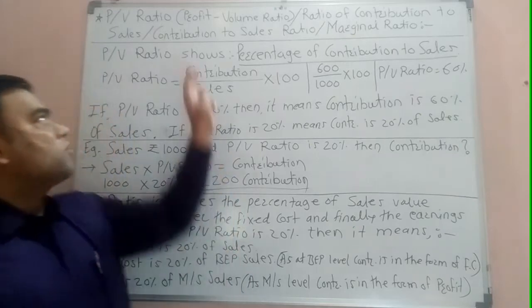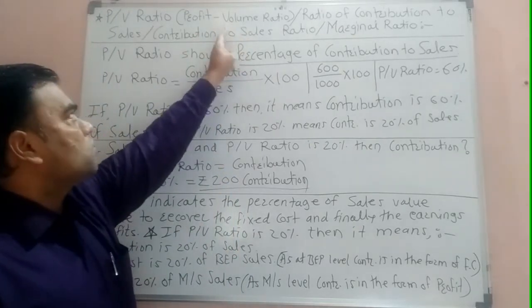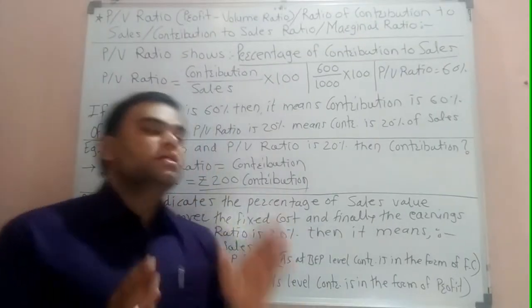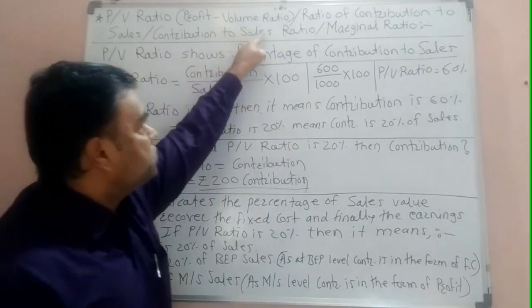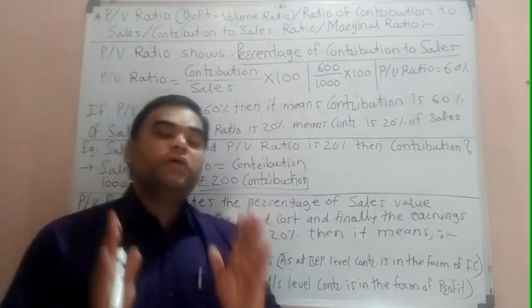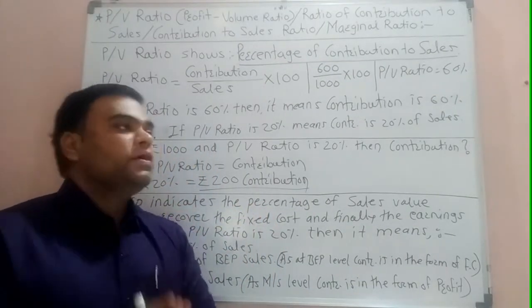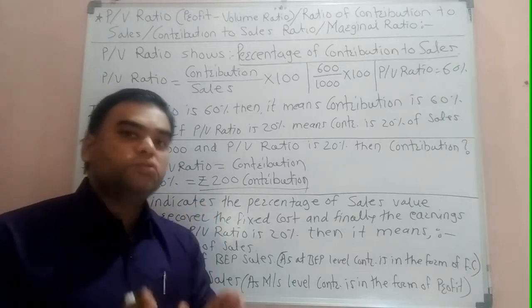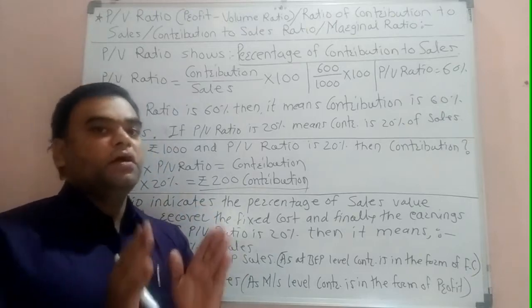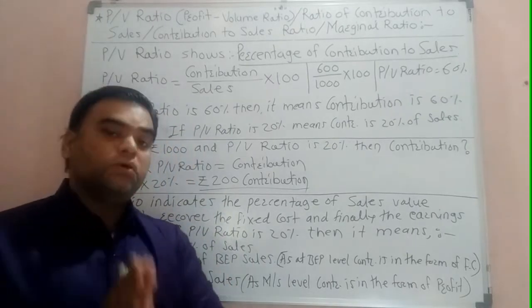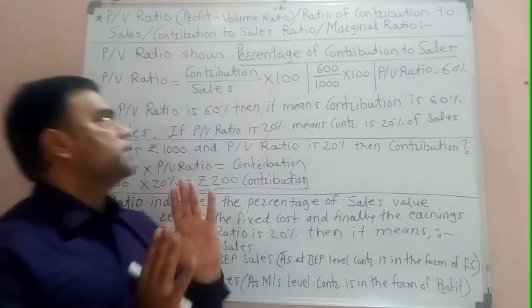That's why the contribution to sales ratio is also called profit volume ratio, but technically it is a contribution to sales ratio. Whenever you are asked to calculate the profit volume ratio, you have to take the contribution to sales ratio.